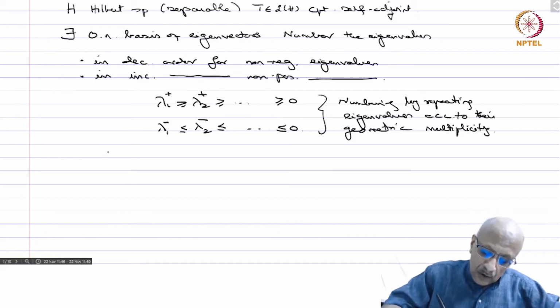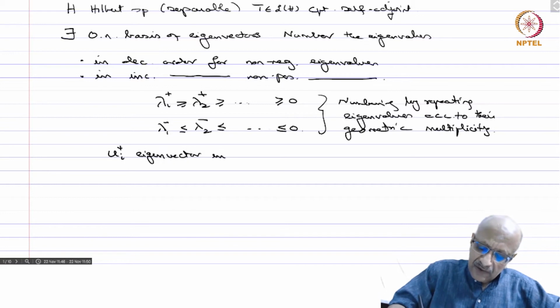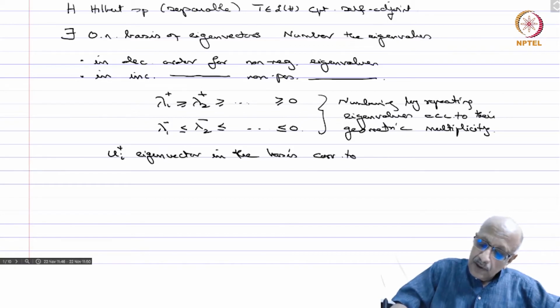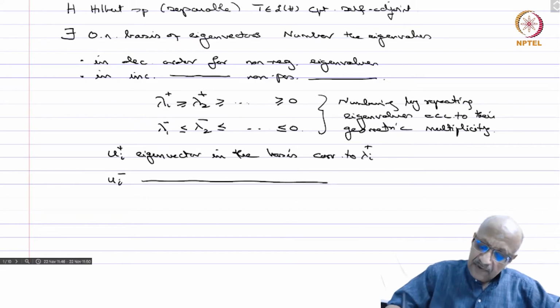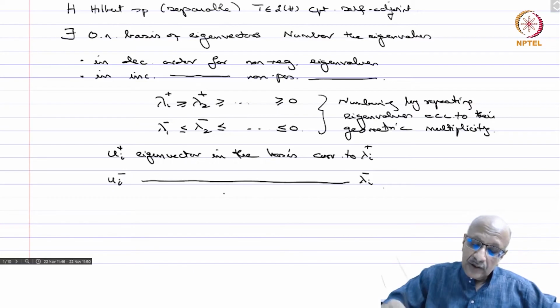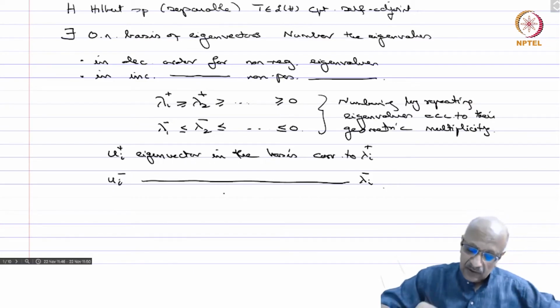So u_i plus is the eigenvector in the basis corresponding to lambda_i plus, and u_i minus is the eigenvector in the basis corresponding to lambda_i minus. These are all the eigenvalues and eigenvectors which we have.